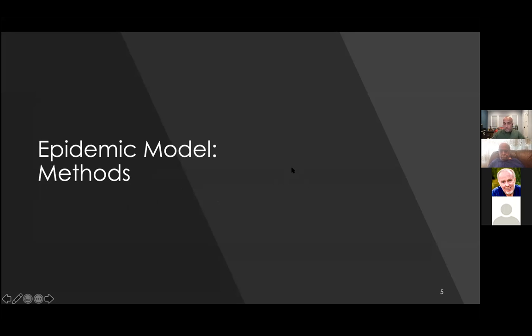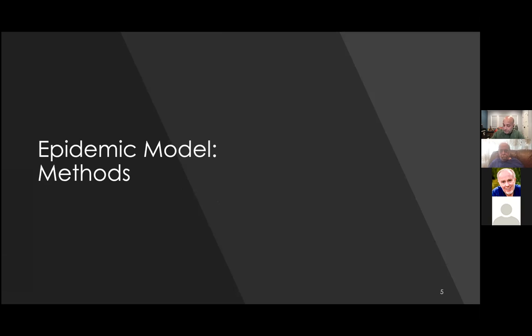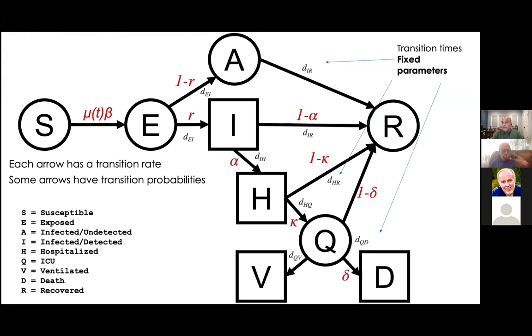So we're going to address three parts here: the epidemic model, then the risk model, and then the scenario analysis. So here's the basis of the model, and you can see across that horizontal, this is, at its foundation, an SEIR model. So you have susceptibles going to exposed, to infectious, to then recovered.